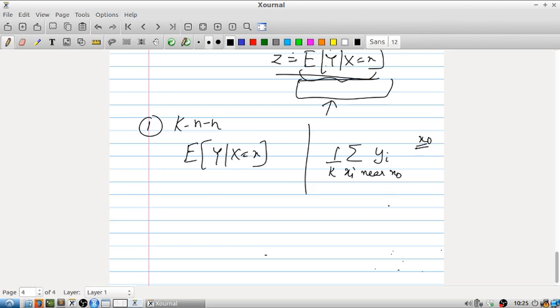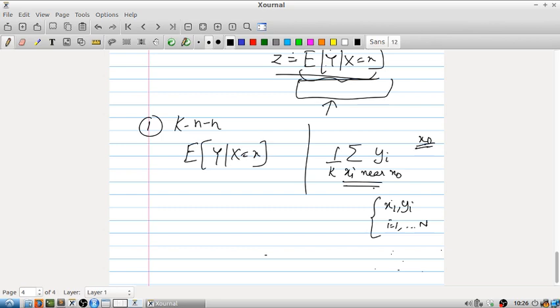I have been given xi, yi, for i equal to 1 to n. So I've been given some data points, some realizations of the input variables and output variables. That's the data that I have. Using that, I define this k nearest neighbor model, which says: give me any new point x0, and I will find the k xi values in my data which are closest to x0, for example by Euclidean distance.